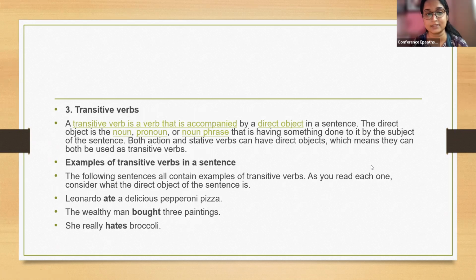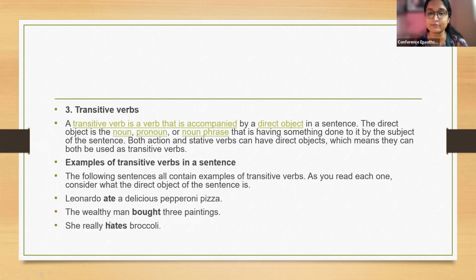Now, what are transitive verbs? A transitive verb is a verb that is accompanied by a direct object in a sentence. The direct object is a noun, pronoun, or noun phrase that is having something done to it by the subject of the sentence. Both action and stative verbs can have direct objects, which means they can both be used as transitive verbs.